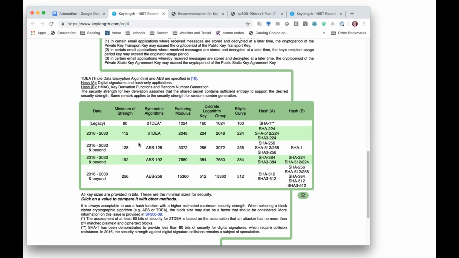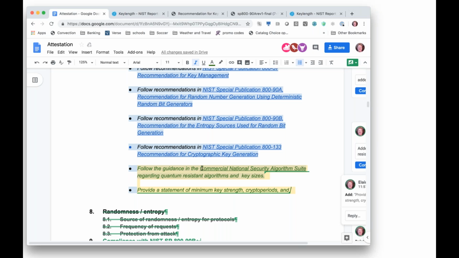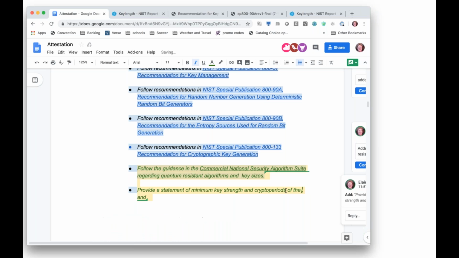Tell us what your crypto periods and strength are. Then we could at least find out what they chose. Would that work, Stuart?